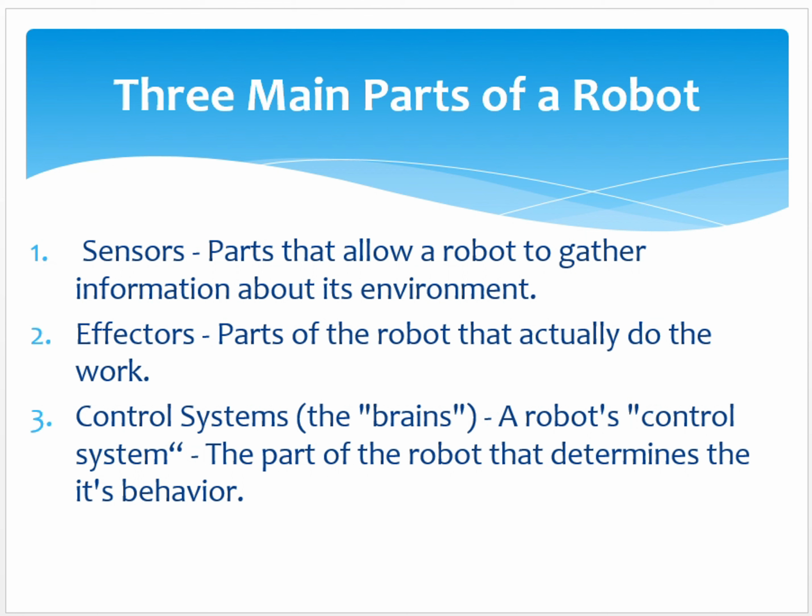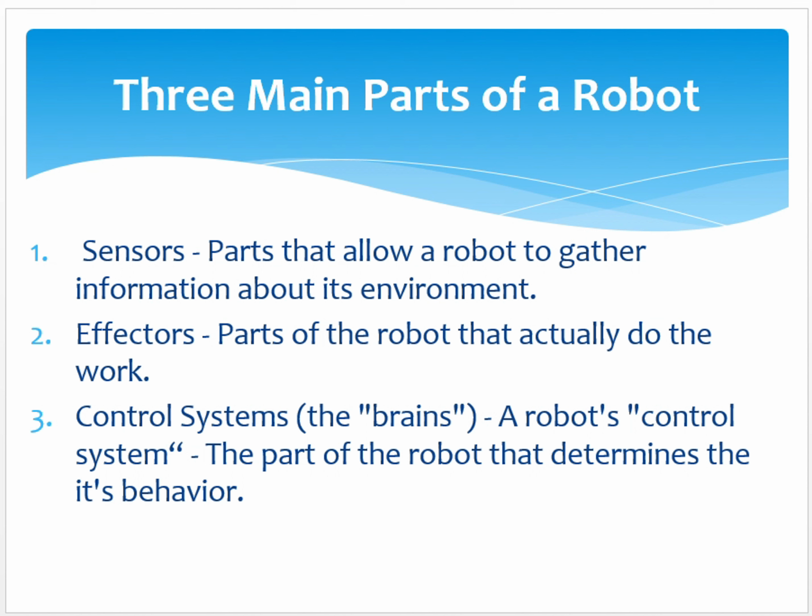Then we have effectors. These are parts of the robot that are meant to do the work the robot was created to do. They are called effectors. If the robot is meant to carry, push, move, or jump up, the parts doing that are called effectors. Then the third part of the robot is the control system.